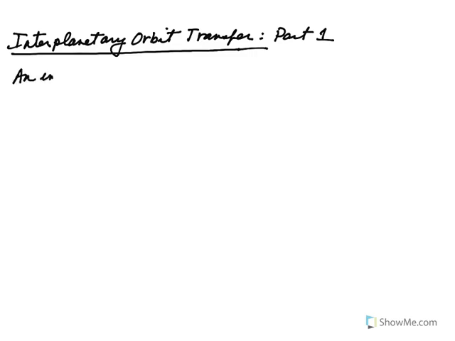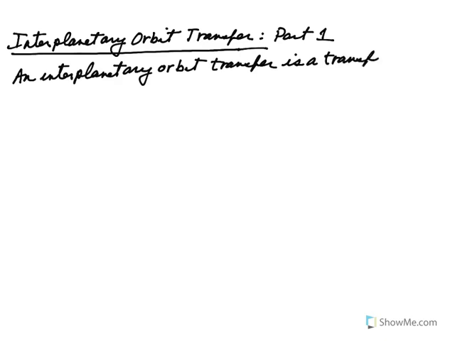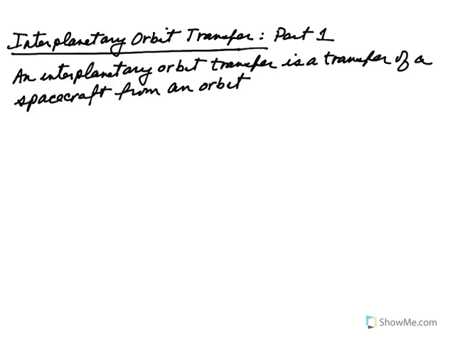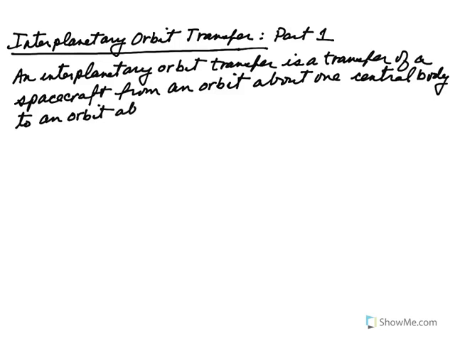So an interplanetary orbit transfer is a transfer of a spacecraft from an orbit about one central body to an orbit about another central body.